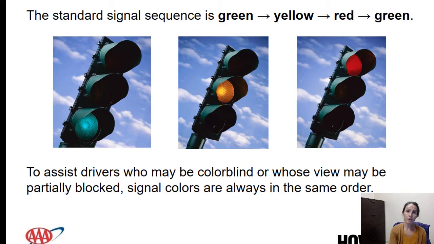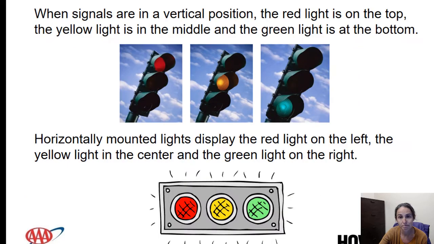If you ever wondered why you have the green, yellow, red pattern, this is to assist drivers who may be colorblind. So they want to make sure that they have the same pattern, and it always goes in the same order.